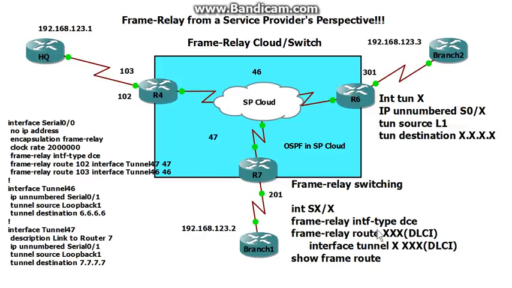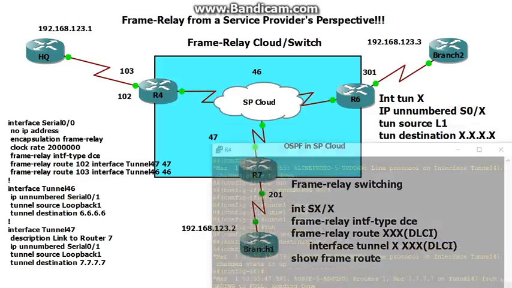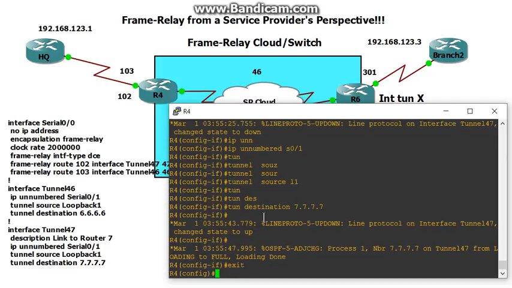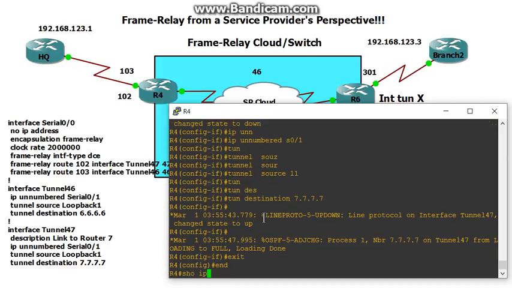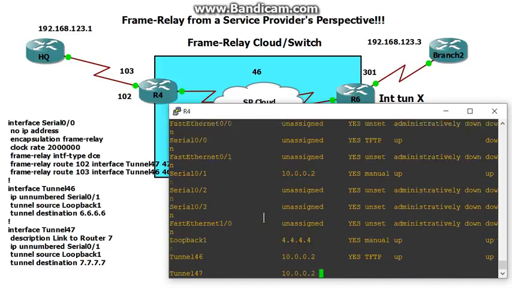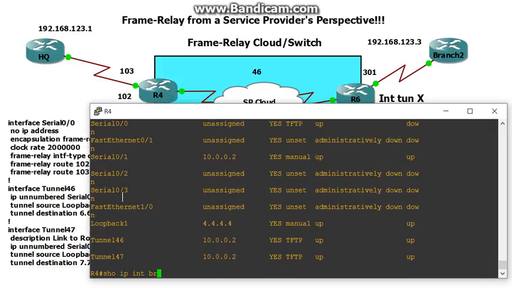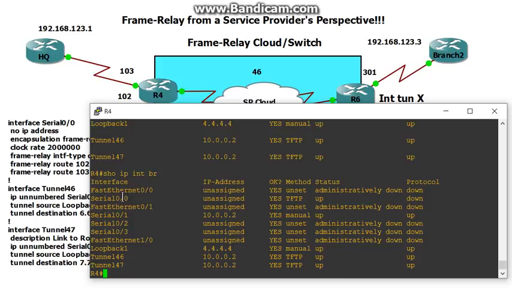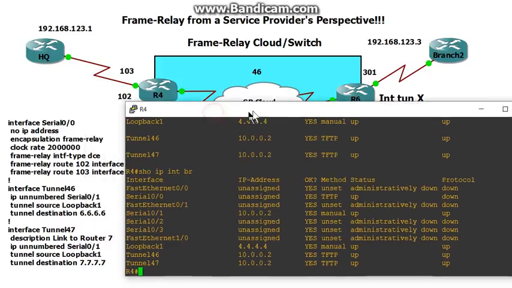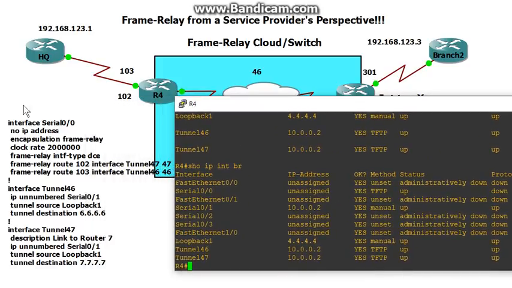So everything is good to go for that. Now let's do a show ip interface brief. Here you can see my tunnels. They are up and up. This IP address is just referencing that serial 0/1. That's okay.